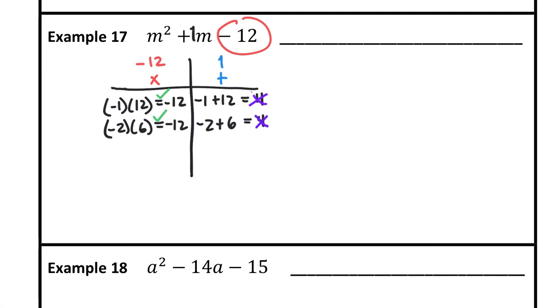So that doesn't work out. And then what about -3 and +4? If I multiply them, that gives me -12. What do I get if I add them? What's -3 plus 4? That's +1. Huh, I have a winner.